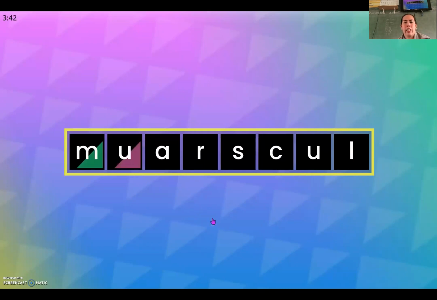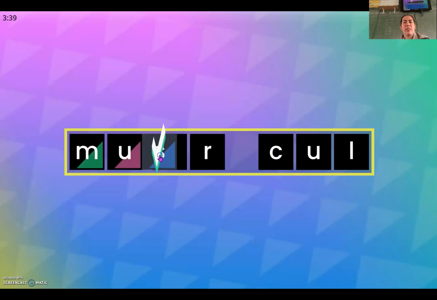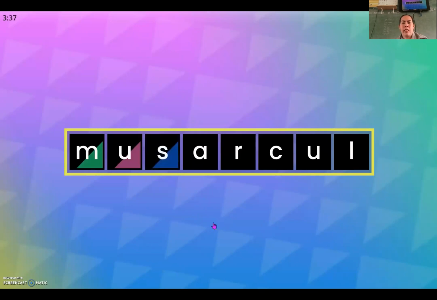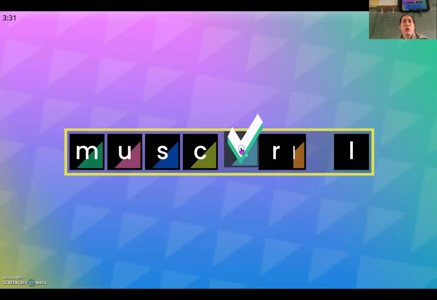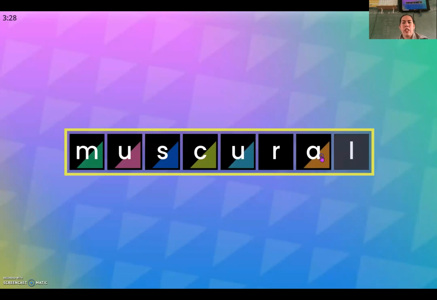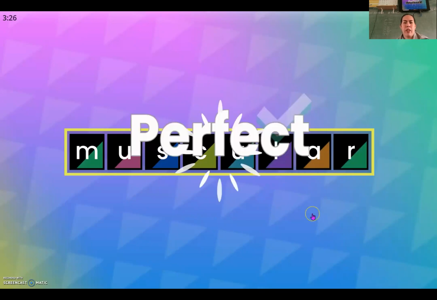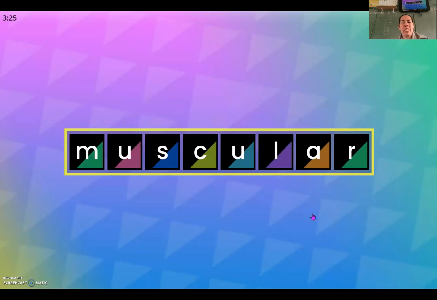Okay, let's get letter S. What is next to S? Okay, let's get letter C. What is next to C? U. What is next to U? Okay. AR. Okay, very good. So that's how you spell muscular.